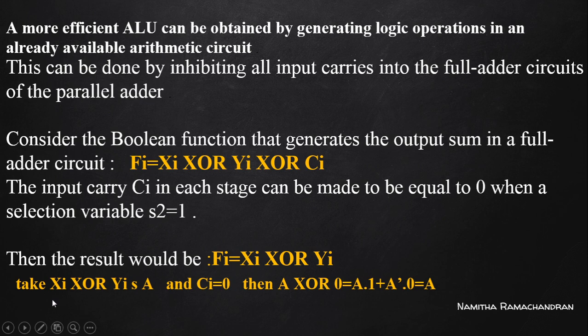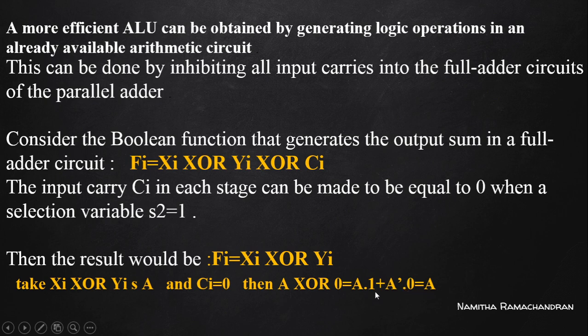That means, suppose we take xi xor yi together as A and ci is 0. Then what about the result of A xor ci? A xor ci equals A xor 0. A xor 0 means A times 0 complement, which is 1, plus A complement times 0.